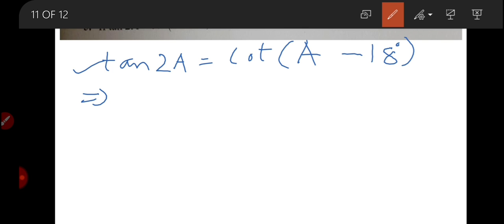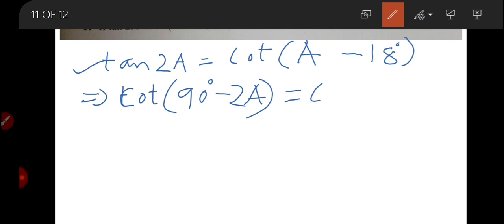So we can write cot(90 degree minus 2A) is equal to right side remains same, cot(A minus 18 degree). Why?